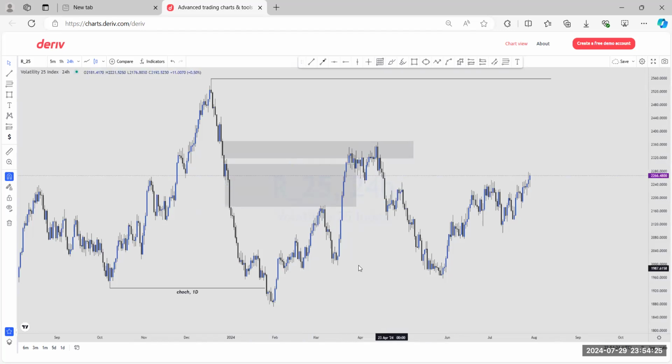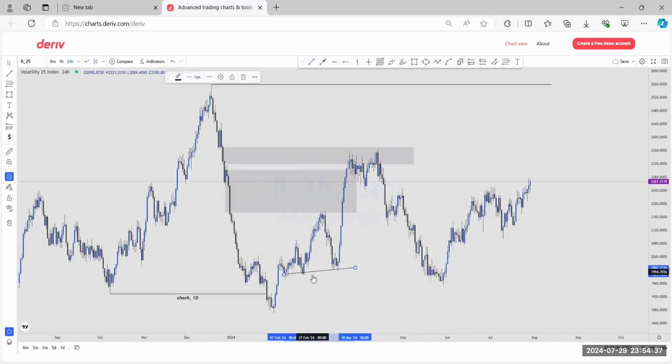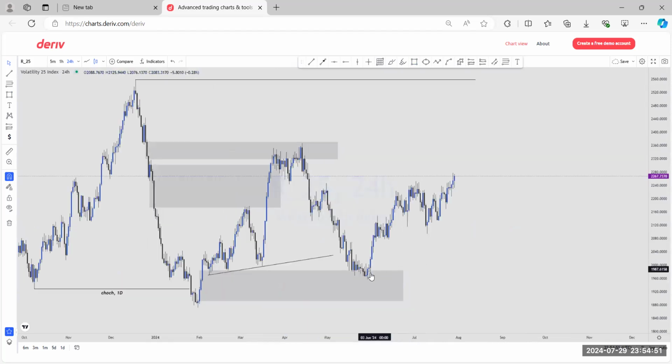So price came back to rebalance that area as well and swept some trendline liquidity right here at these lows and filled imbalance here. And right from here, we can see price is sort of moving to the upside.